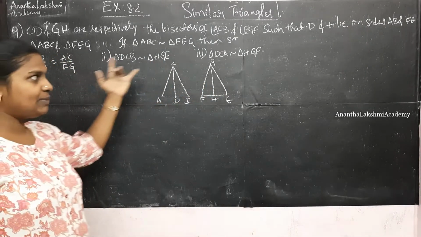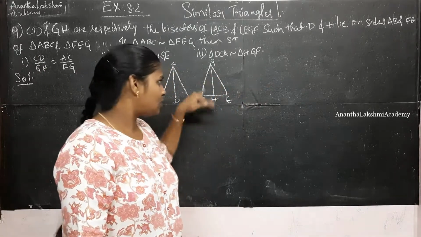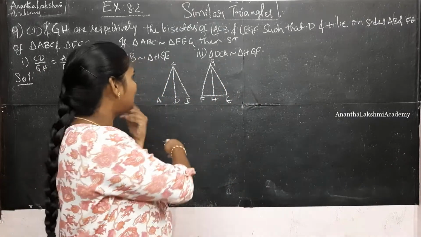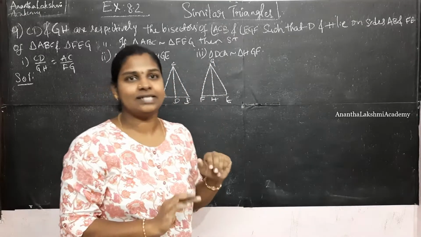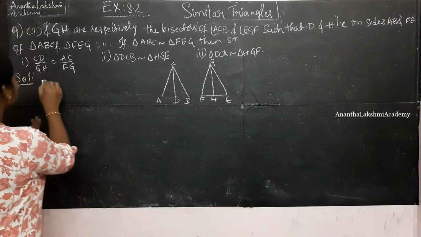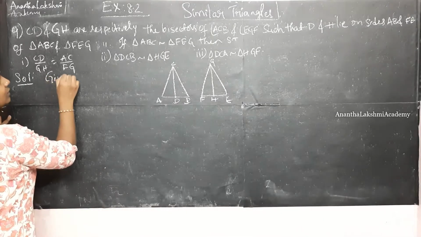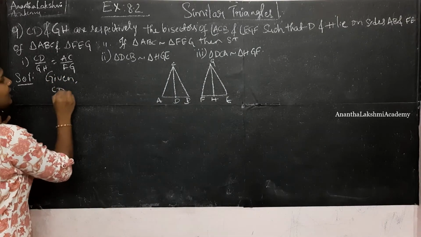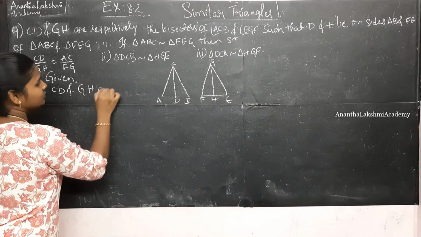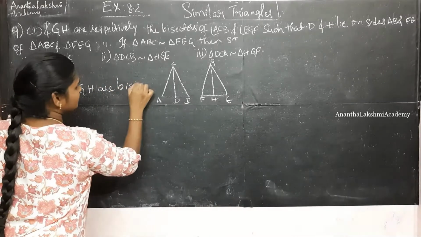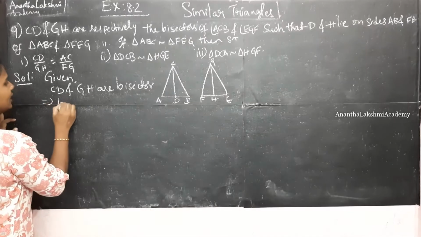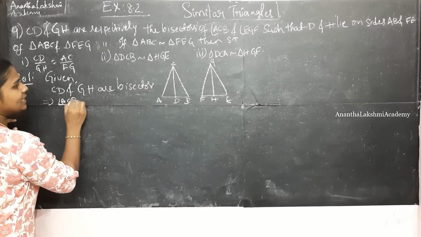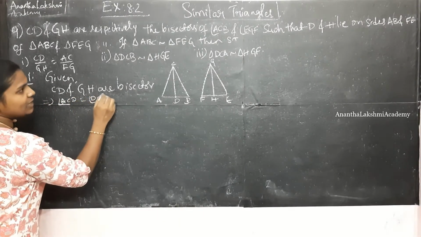Okay, we have 3 parts over here. I'm going to solve this. Whenever we prove that this triangle is similar to this, you consider that part is done. Okay, here is the solution. Given CD and GH are bisectors of angles, which implies that angle ACD is equal to angle DCB, isn't it?